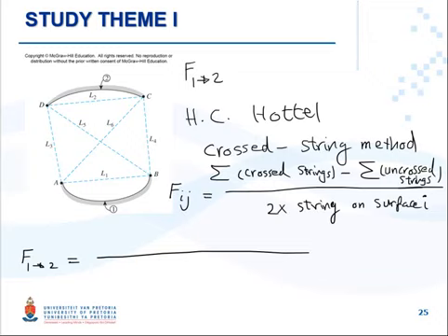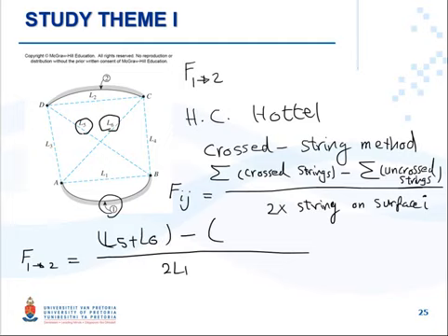So 2 multiplied by the string on surface I, L1. The crossed strings are L5 and L6, so L5 plus L6, minus the uncrossed strings, L3 and L4.